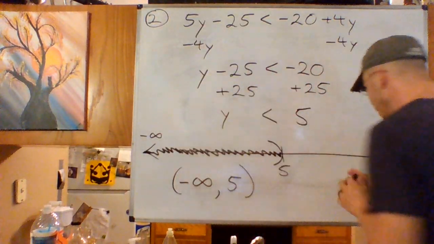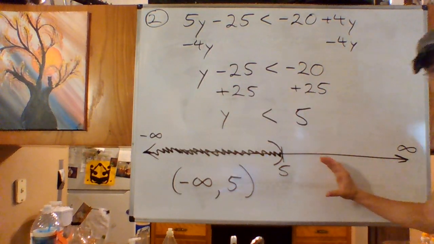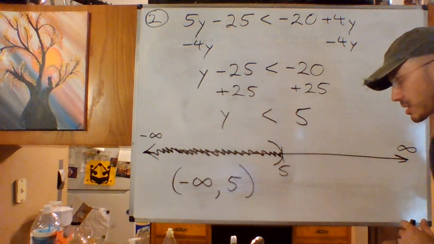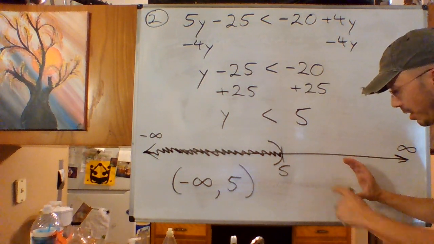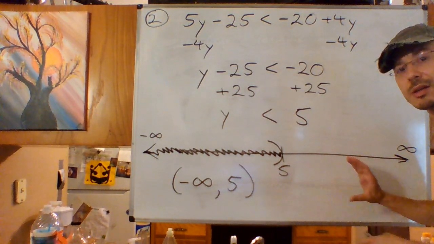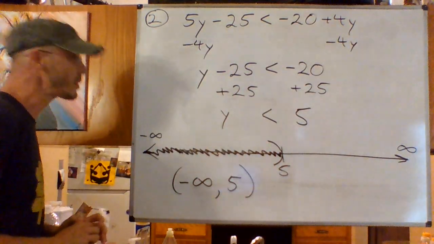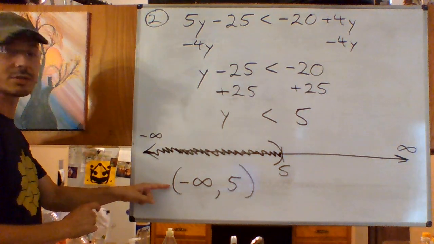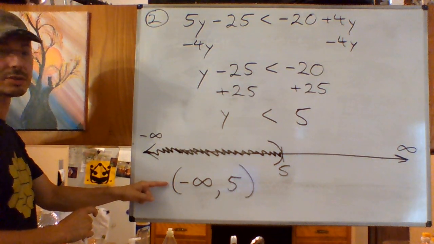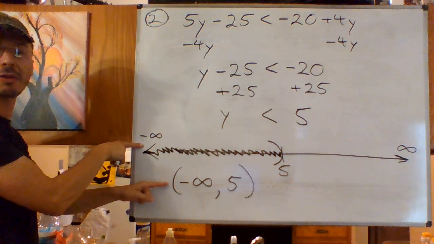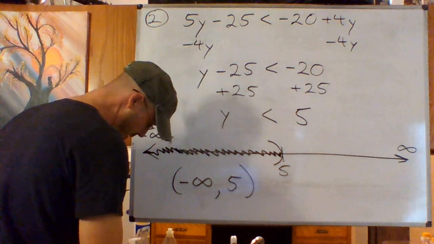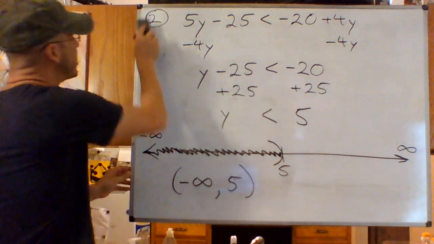The same will be true if we have an interval that extends infinitely in the positive direction. That would be infinity, right parenthesis, not bracket. So there's the solution in interval notation, and there's the graph for this one.